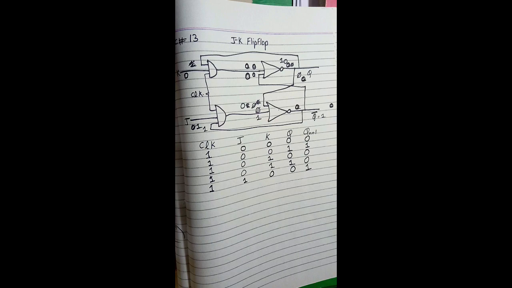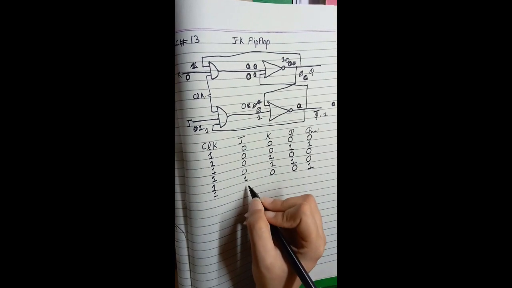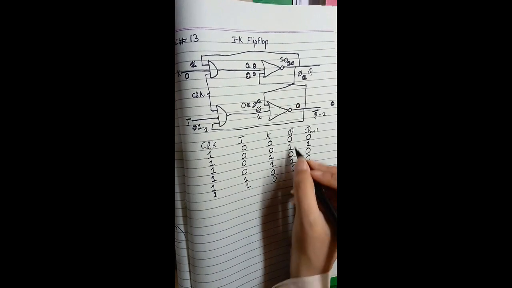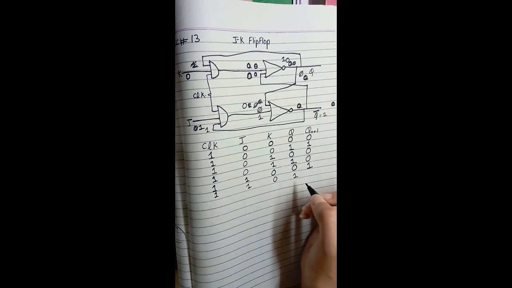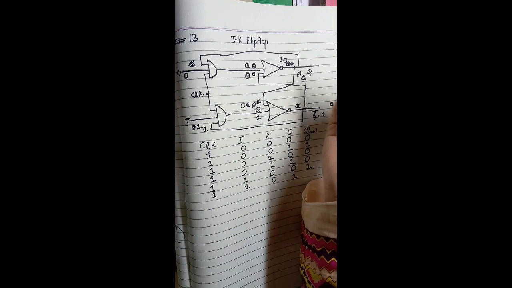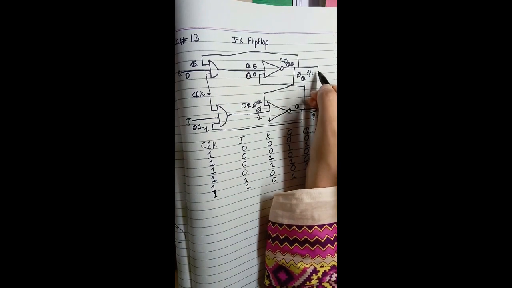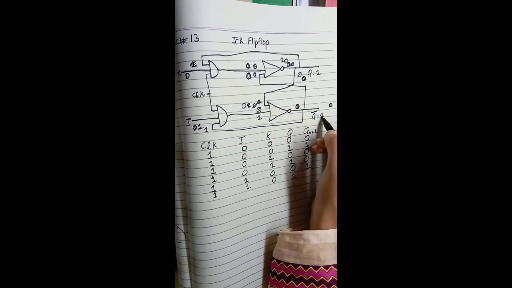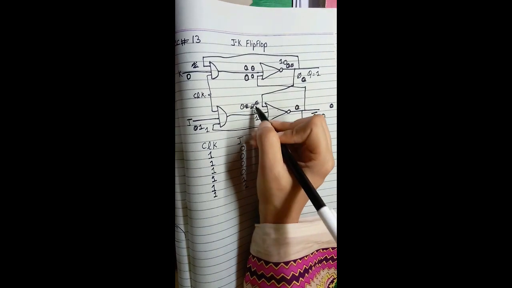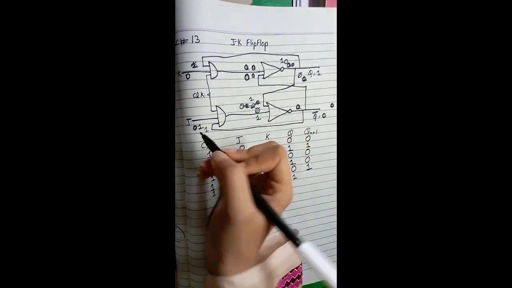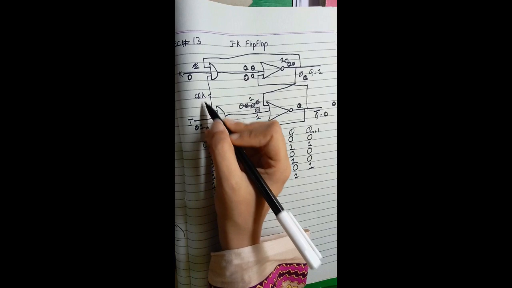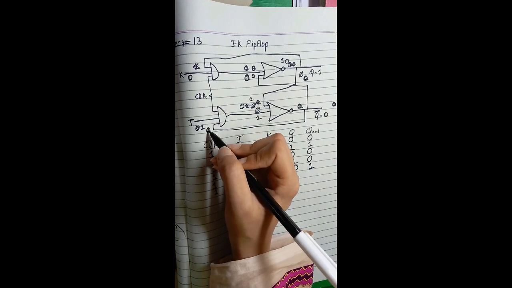Now we will take these values again, 1, 0, but this time we will take q equal to 1. So whenever our q is equal to 1, it means our q bar is equal to 0. Here we have 1, 1, and this q bar equal to 0.